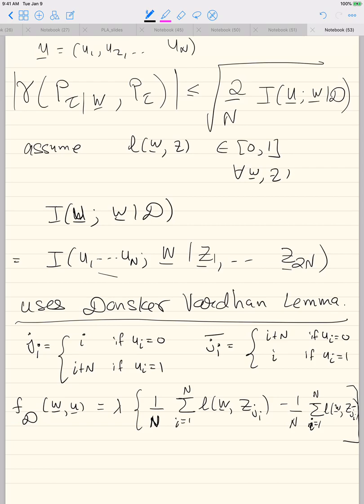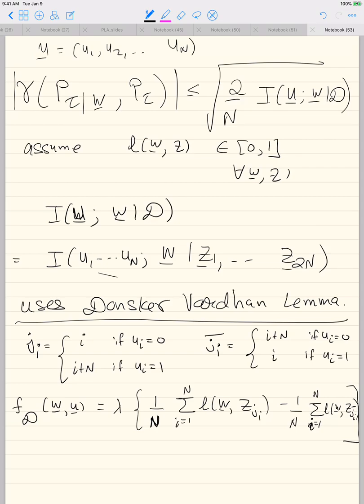Okay? So what we are doing is, this is the set of all the elements in the training set. J_i are selected so that J_i will equal i if u_i is 0, meaning that this sample was selected in the training set, and it will equal i plus n if u_i is 1. So we are taking the average over all the samples in the training set, and then we are taking the average over all the samples that were left out of the training set, because this is J bar.